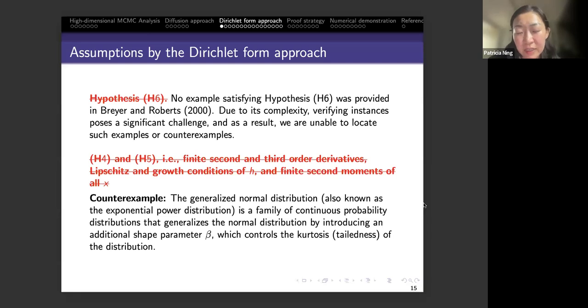Further luckily, H4 and H5 can be removed by our Dirichlet form approach. A counterexample shows why removing these conditions is important. The generalized normal distribution, also known as the exponential power distribution, is a family of continuous probability distributions that generalize the normal distribution by introducing an additional shape parameter, beta, which controls the kurtosis, that is, the tailedness of the distribution.